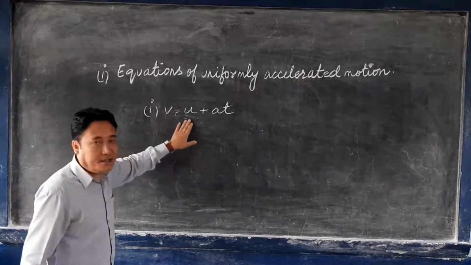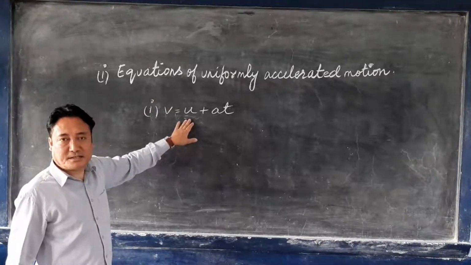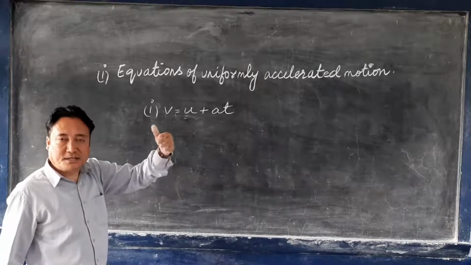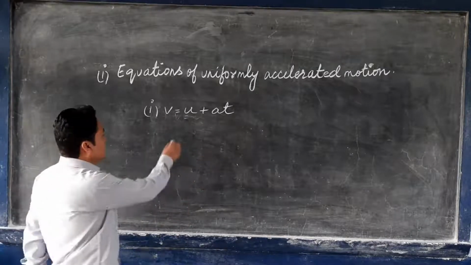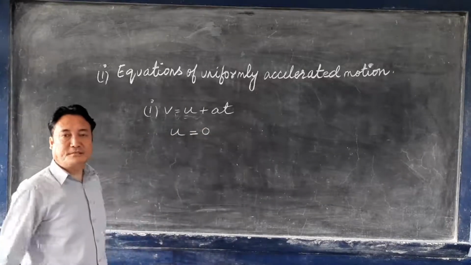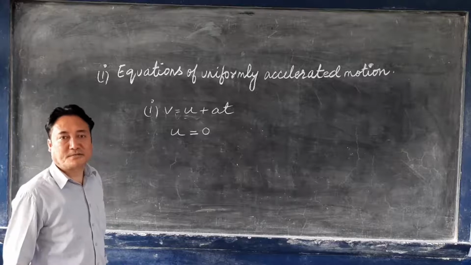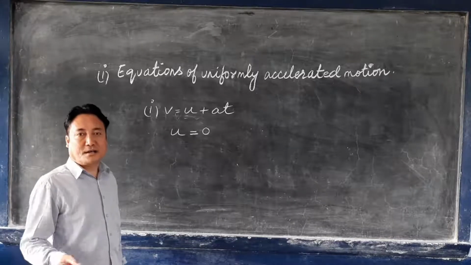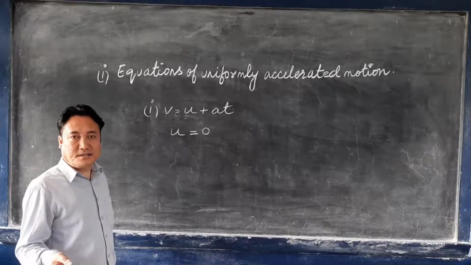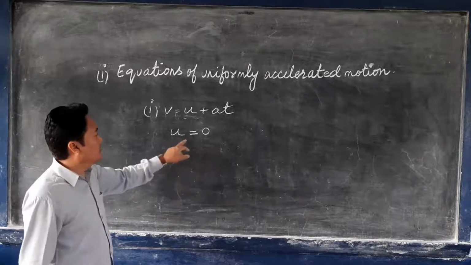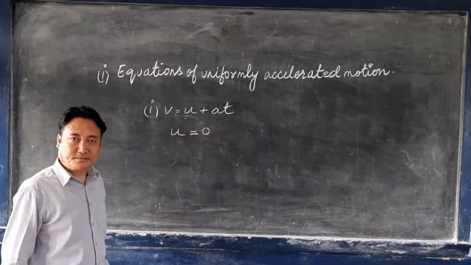When a body is at rest and starts from rest, in that case, initial velocity will become 0. For example, a car is in the state of rest, and when the car starts moving from rest, the initial velocity will become 0.